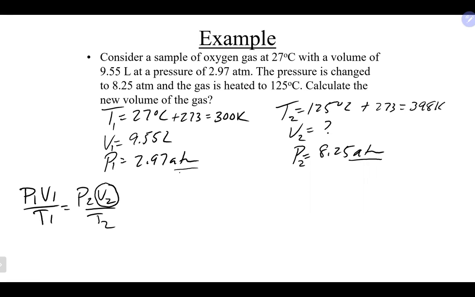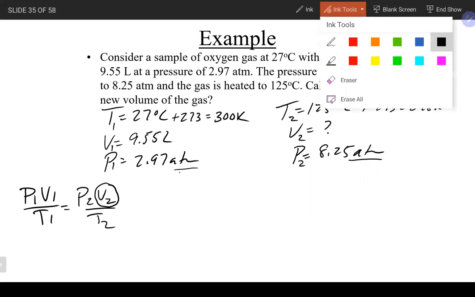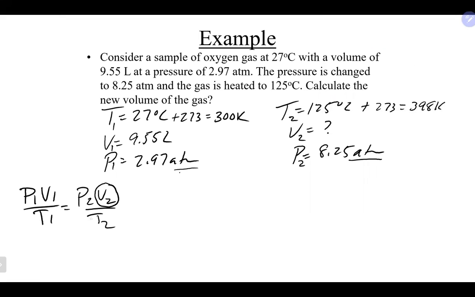So a reminder of a quick way you can rearrange these equations: since the T2 is on the bottom, it will end up on top. And since the P2 is on the top, it will end up on the bottom. As you go across the equal sign, we're basically multiplying and dividing those to the other side.